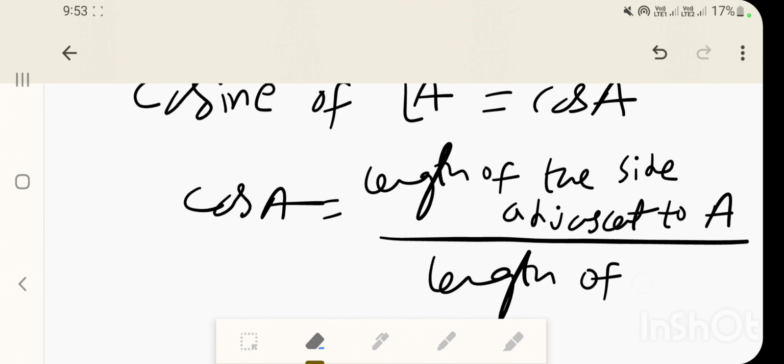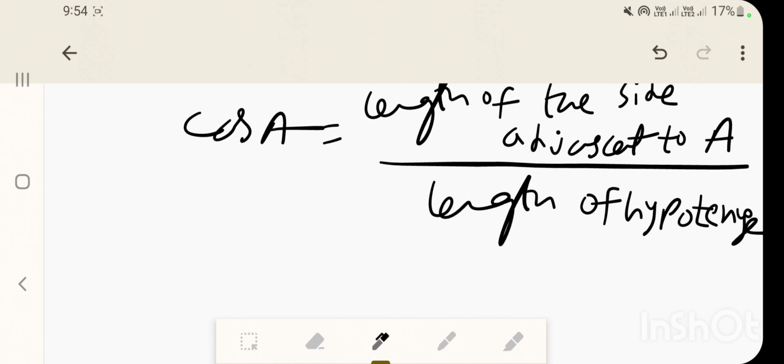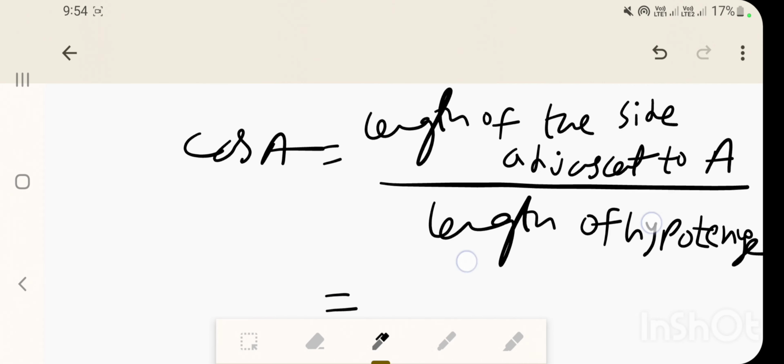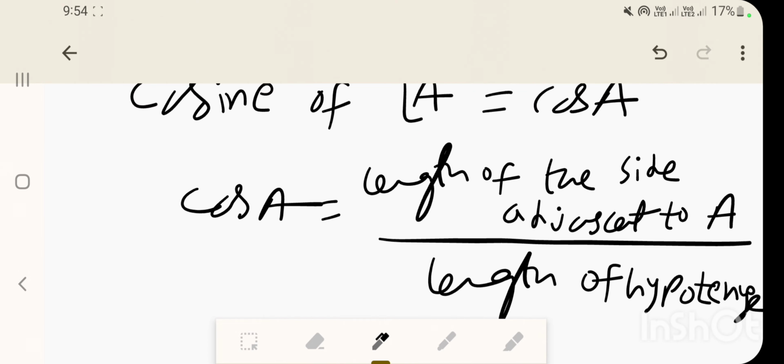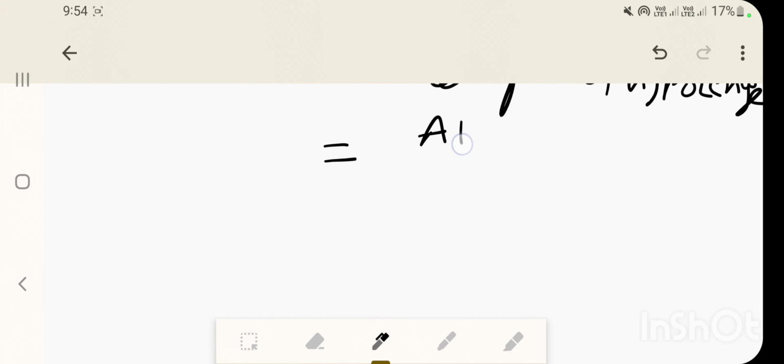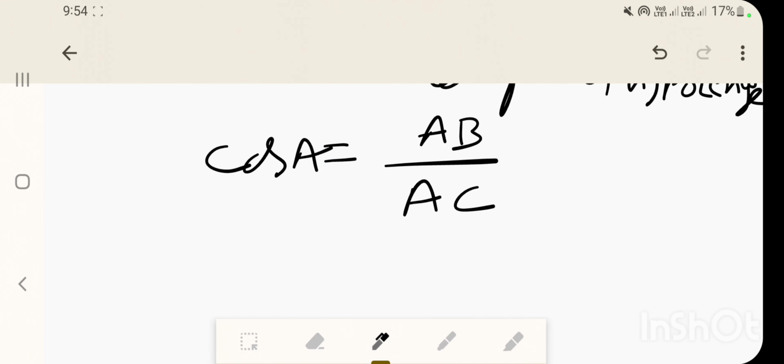The spelling you have to be careful: HYPOTENUSE. The adjacent side here, which I am darkening, is AB, divided by the length of the hypotenuse, AC. So cos A is nothing but AB by AC.